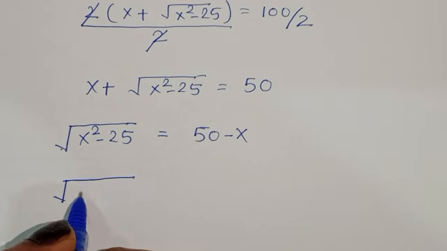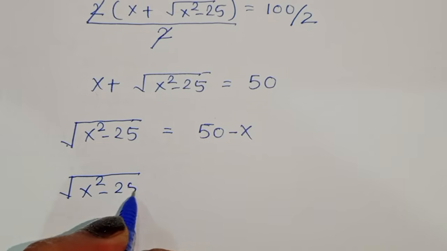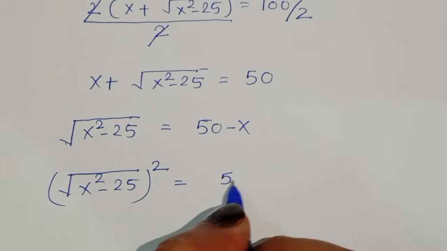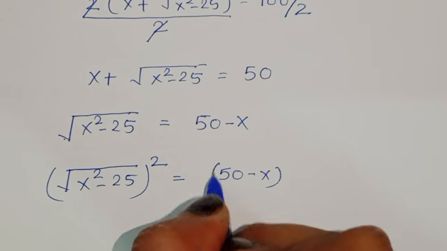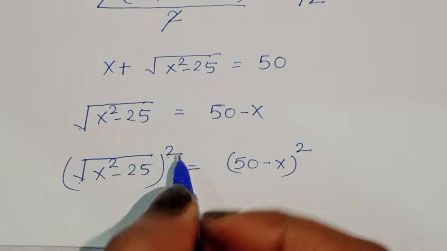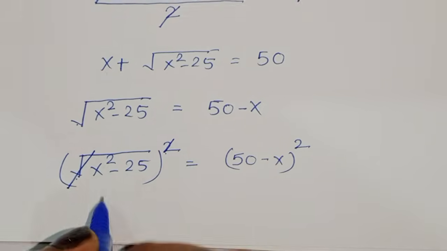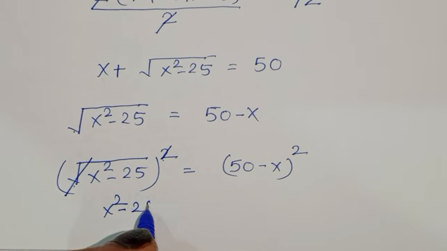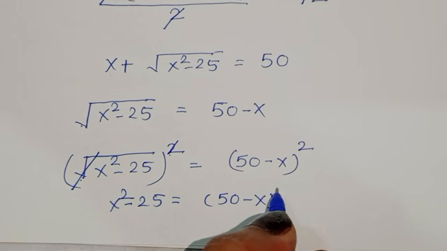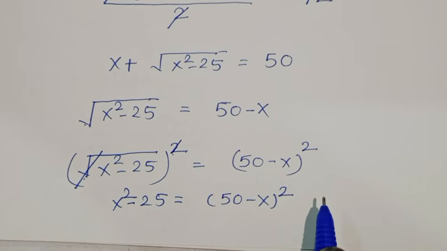Taking square on both sides, the square is cancelled from the square root, and we get x square minus 25 is equal to 50 minus x to the whole square.